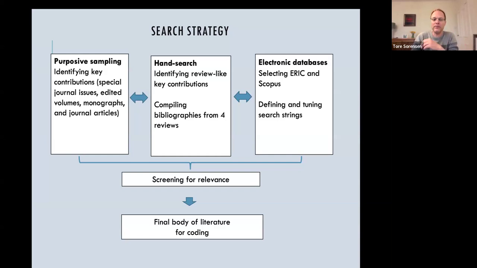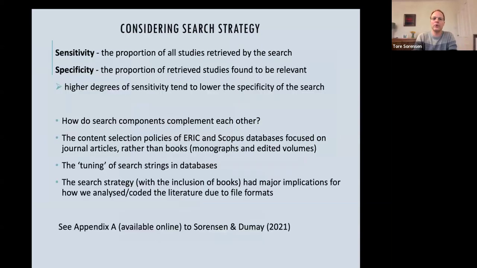But my point here is to put some consideration into how you search for literature. Can you explain that? That's a good thing if you can. It shows that you're reflexive, that you have some kind of critical awareness about how to search for literature and how to engage with it.